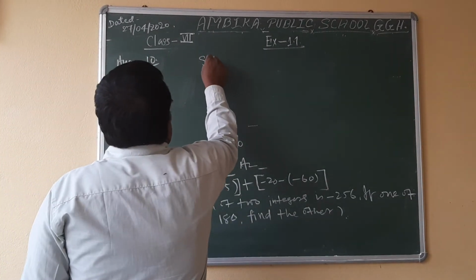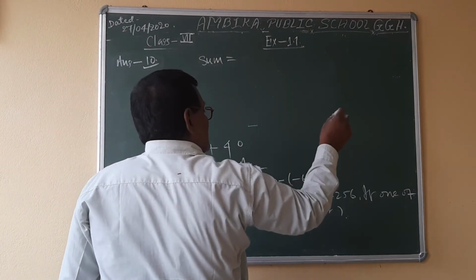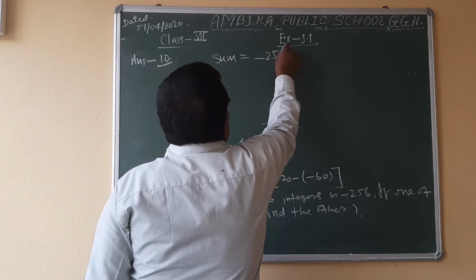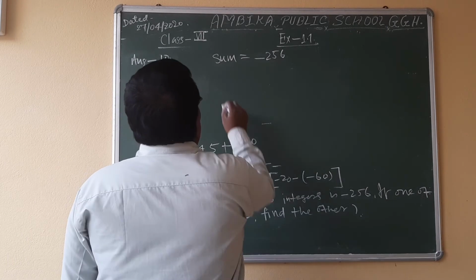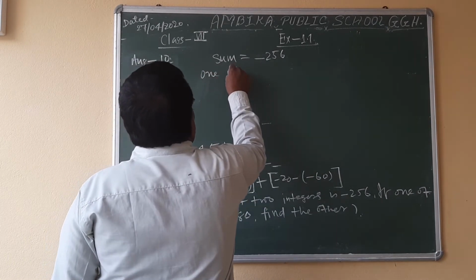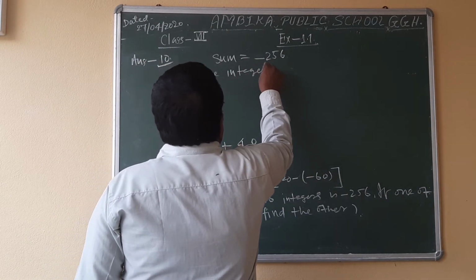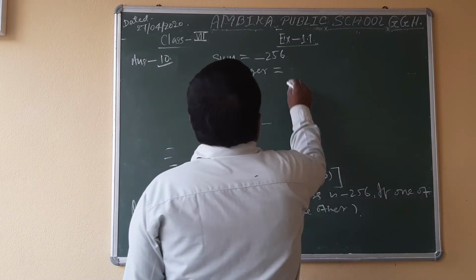Sum is equal to minus 256. One integer is equal to 180.